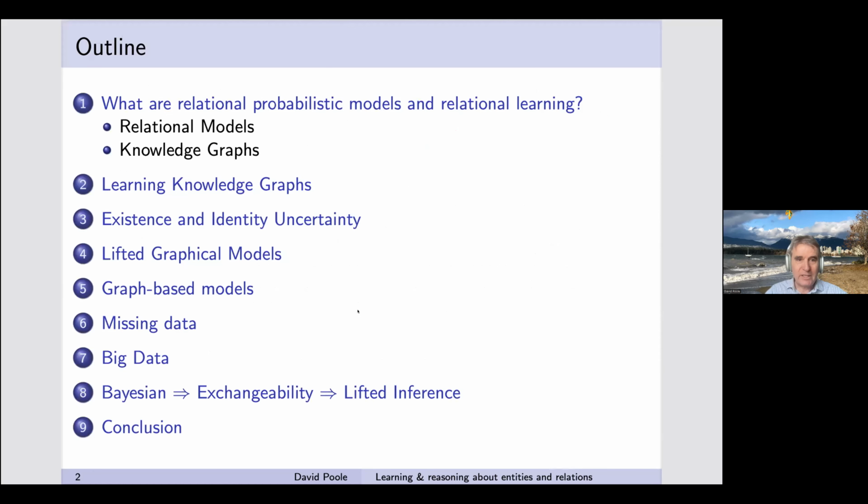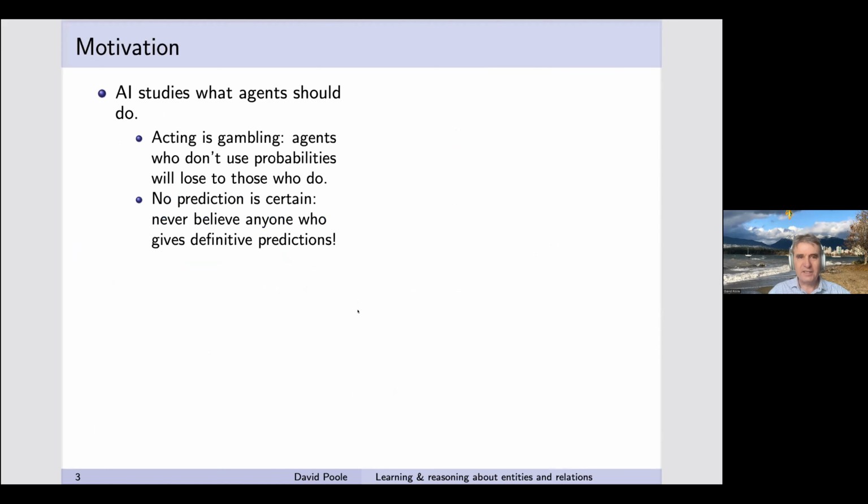All right. The outline of this talk is an overview of lots of problems that exist. Some of it is more tutorial, and some of it is trying to say what we can't do. We're going to start off talking about relational models. Here's the motivation. AI studies what agents should do, and the argument is that acting is gambling.